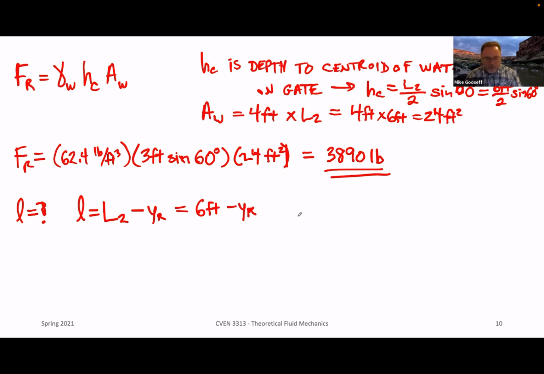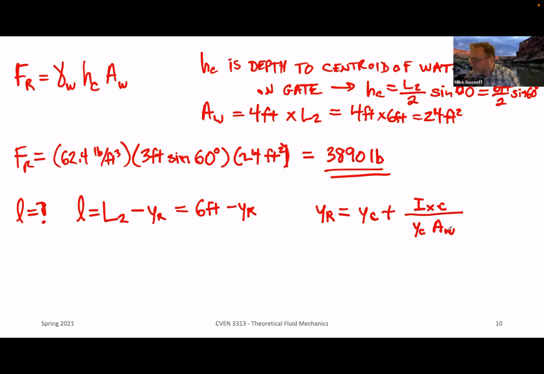Our generic equation that we wrote in class on Thursday said that y sub r is equal to y sub c plus the ratio of our moment of inertia, depending on the shape that's interacting with the fluid, divided by the product of the location to the centroid times A, in this case A_w.